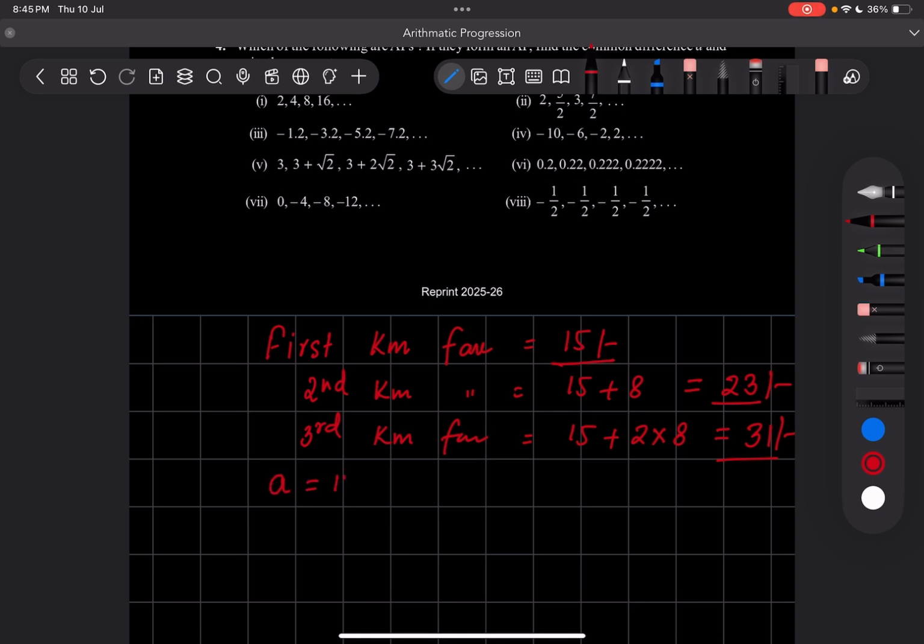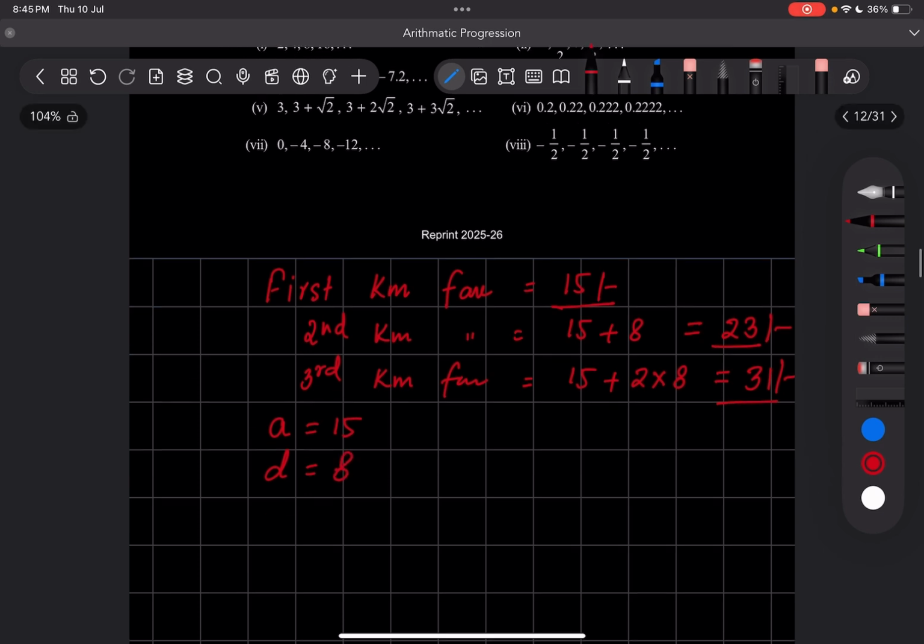A is equal to 15 and D is equal to 8. And hence the given statement is an AP.